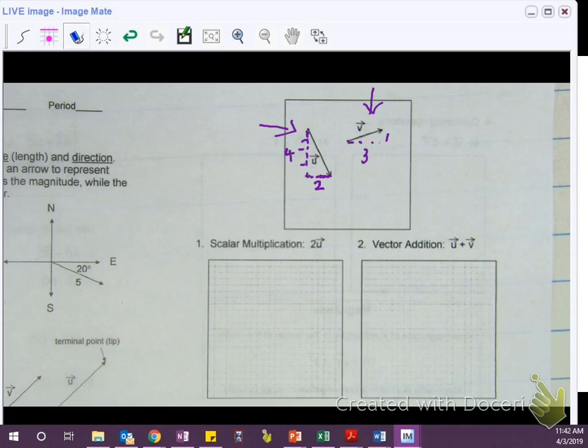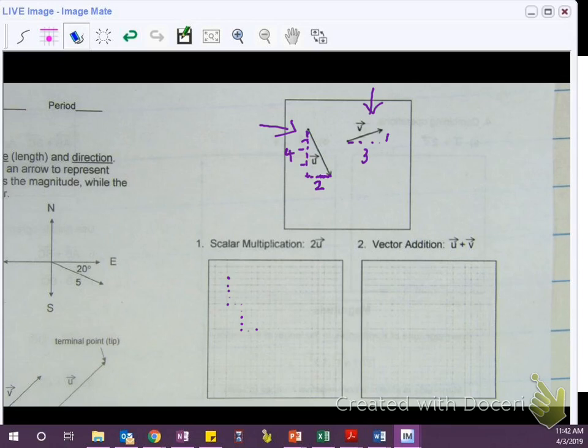So what I need to do, I want twice u. Okay, so I'm going to pick a point. I can pick that point anywhere. I'm going to go down 4. 1, 2, 3, 4, and over 2. And then I'm going to do that again. 1, 2, 3, 4, and over 2.